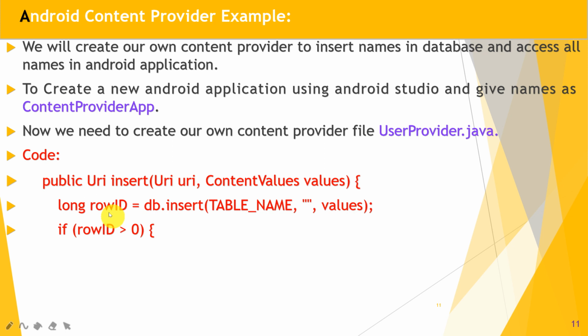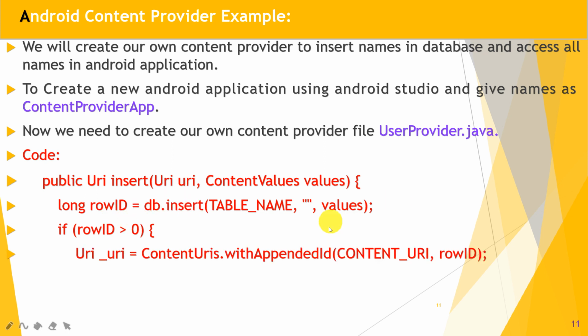So what is the definition of the insert method? db.insert inserts data into the database: it retrieves the table name and takes the values present in the content provider, which we want to insert as a row ID. What does it return? It returns an integer. So check whether the row is inserted, that is, greater than 0.